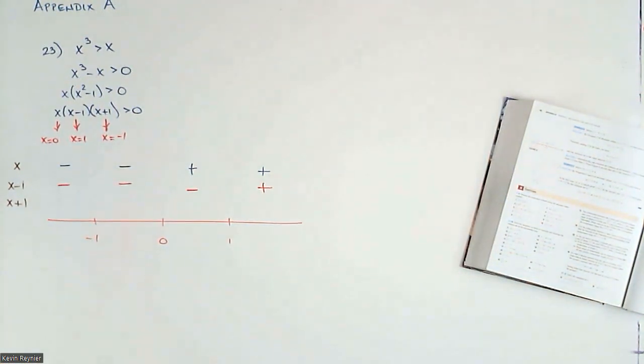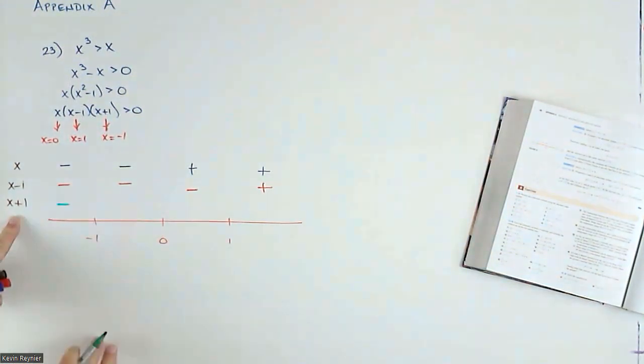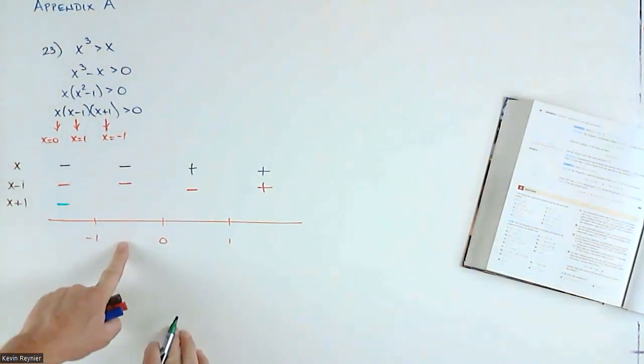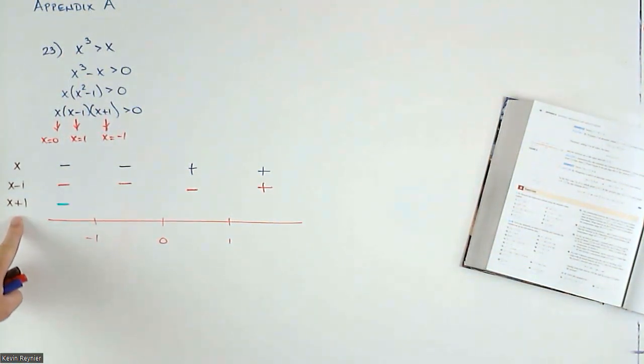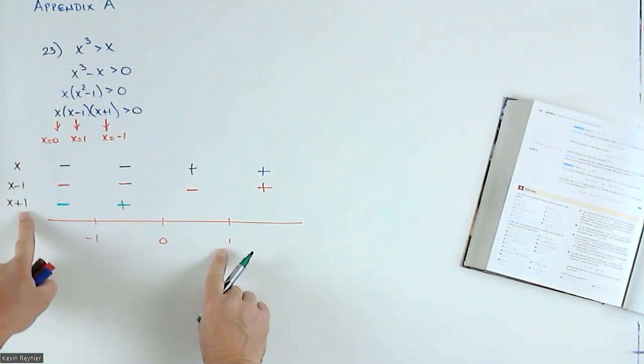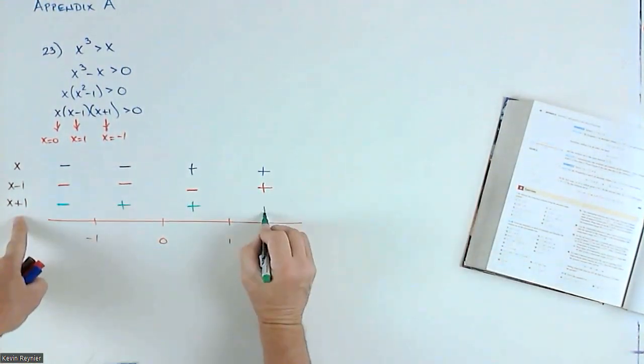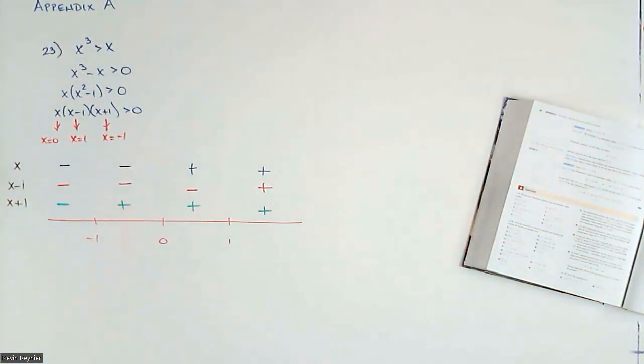And we go to here. -10 plus 1, negative. -1/2 plus 1, positive this time. 1/2 plus 1, positive. 10 plus 1, positive.